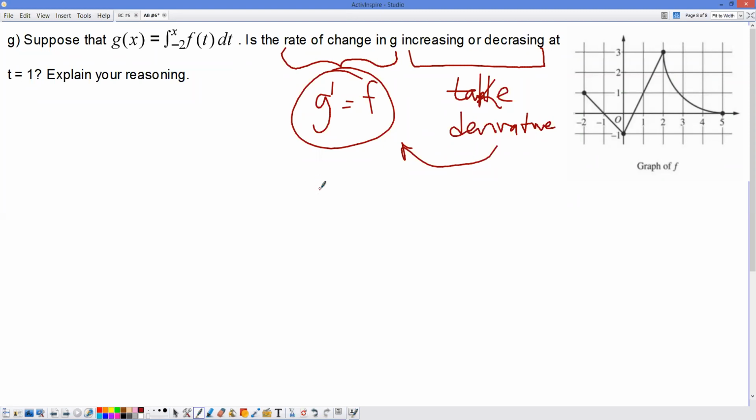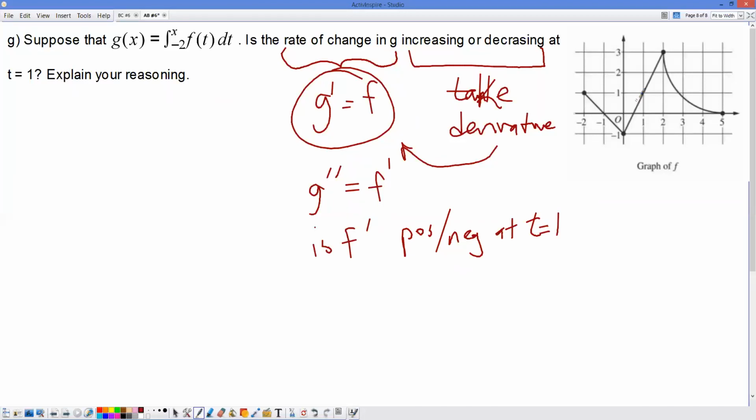So g double prime, the derivative of g prime, should be the same as f prime. So we are interested in, is f prime positive or negative at t equals 1?